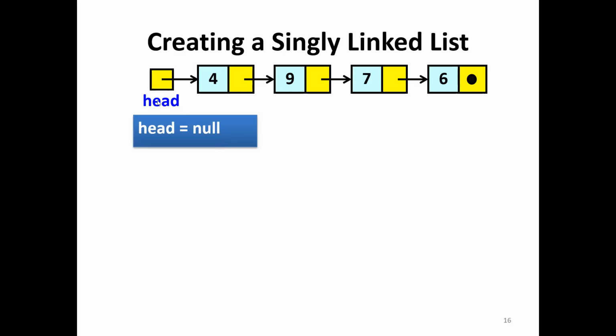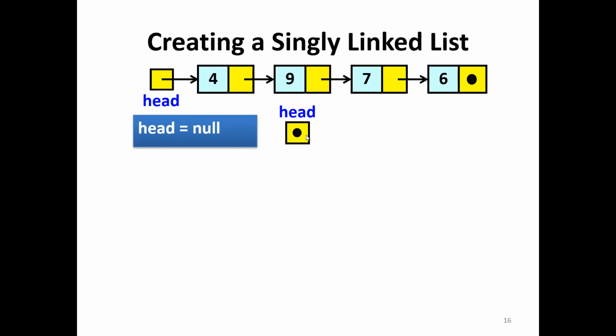It means it doesn't contain any information, because we assume that the list is empty and we want to start creating from an empty list. So the next thing we want to know is, what do we want to create? Because for any list to be empty or to be null, the head needs to contain null. So that's how we know that the list is null.